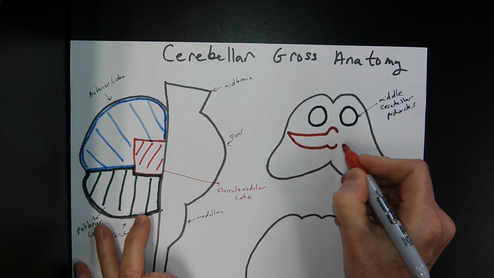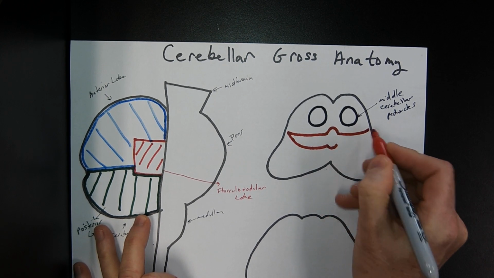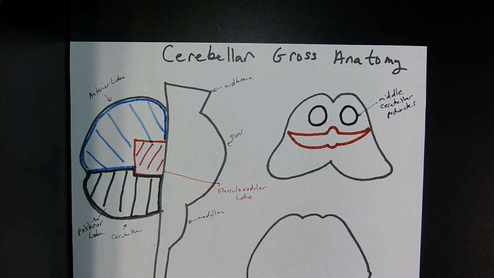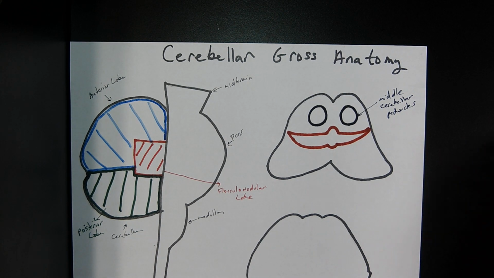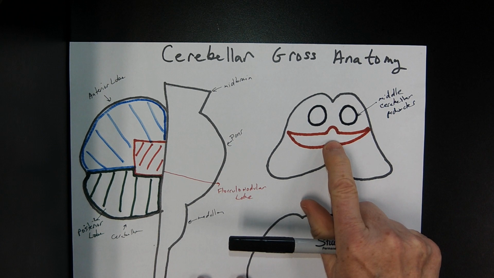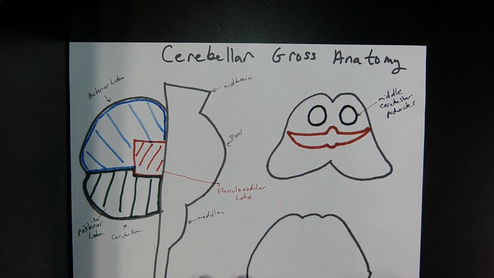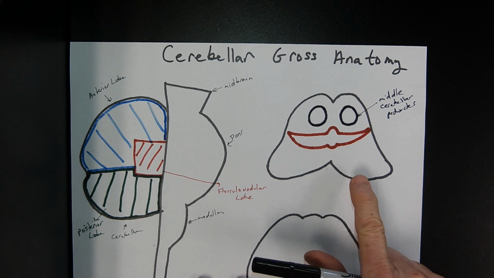And you know, when I first looked at the flocculonodular lobe, way back when I started teaching this content a while ago, I used to think that this looked like the wings that you get if you go in an airplane when you're a kid. Don't those look like airplane wings? And then one year, maybe 5 years ago, somebody said, that looks like something.